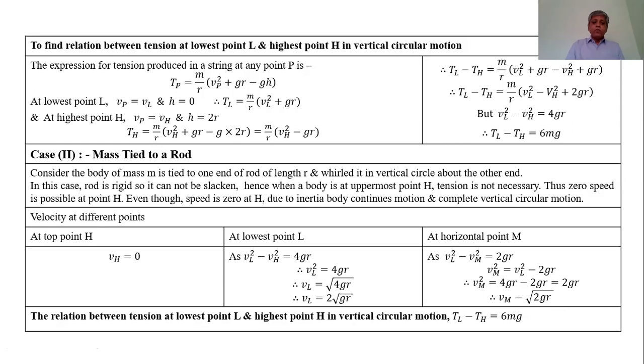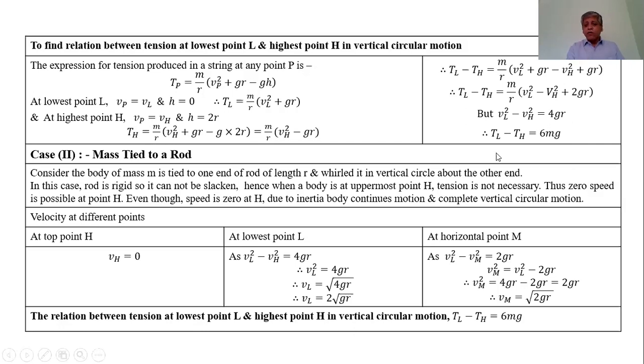In this case, we considered speed becomes 0. And in the case of string, we considered tension becomes 0 at the highest point. This is the difference between these two cases. But the relation between the tension at lowest point L and highest point H remains as it is.